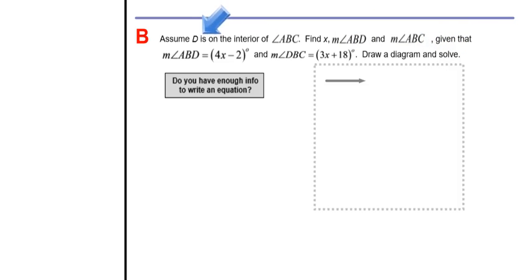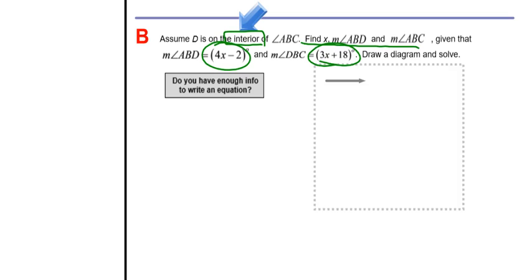So, I think one thing that's important is that D is on the interior of ABC. Our numbers that we have are these guys right here. They ask us to find x, ABD, and ABC. We need to draw our diagram and solve this.